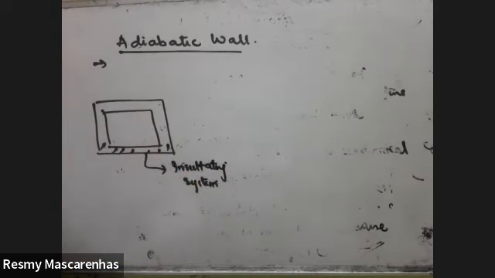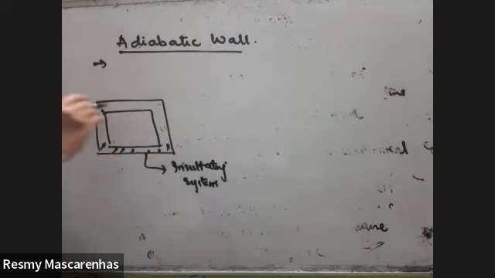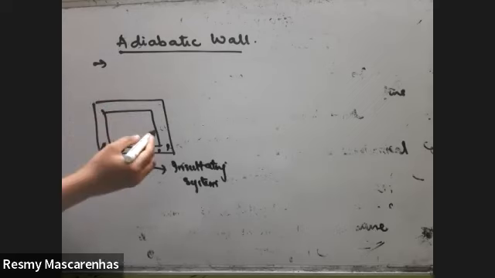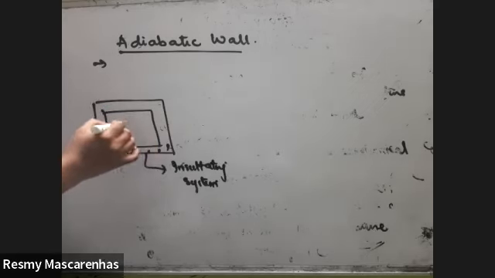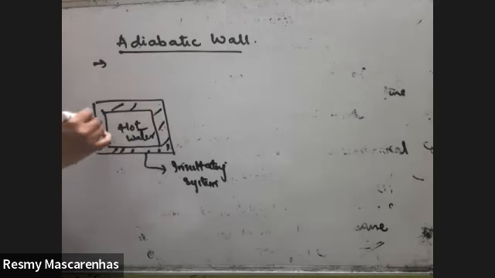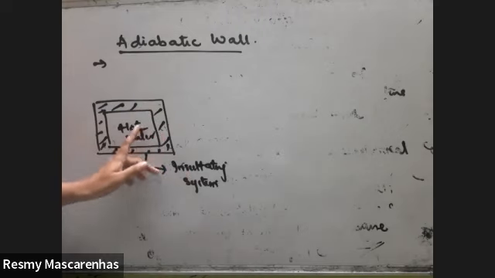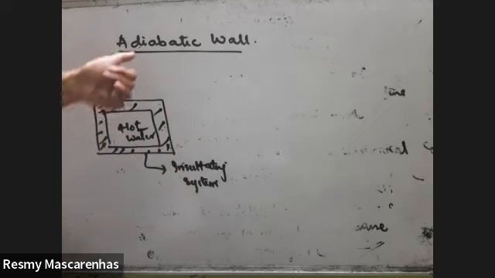Now you know what is the property of an insulator. Insulator always tries to block anything, okay, either current or any form of energy. So what is going to happen if you are putting some hot water here and you are surrounding it by an entire insulating system? What will this insulating system do? It will not allow this energy to flow from the higher temperature to the lower temperature outside. It is basically blocking it. Okay, so it is called as an insulating system. Instead of using the word insulating, they'll be using it as an adiabatic wall.